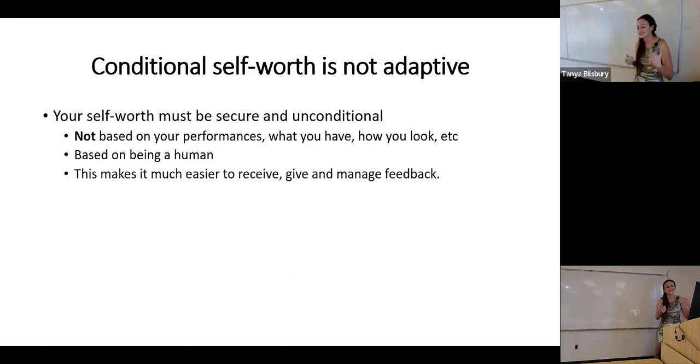So self-esteem as self-worth is a measure of the value of a person. And the games we play when we pursue self-esteem are about convincing ourselves and convincing other people that we meet some standard for having worth.